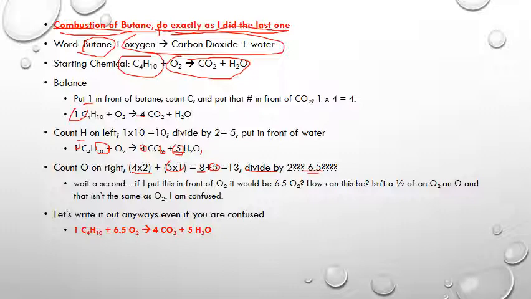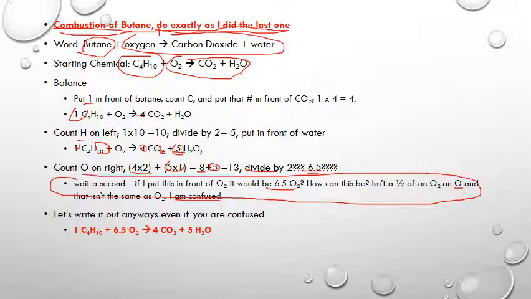How can I have a 6.5? How can there be 6.5 O2s? What the heck is a half of O2? Isn't a half of O2 an O? I'm really confused.